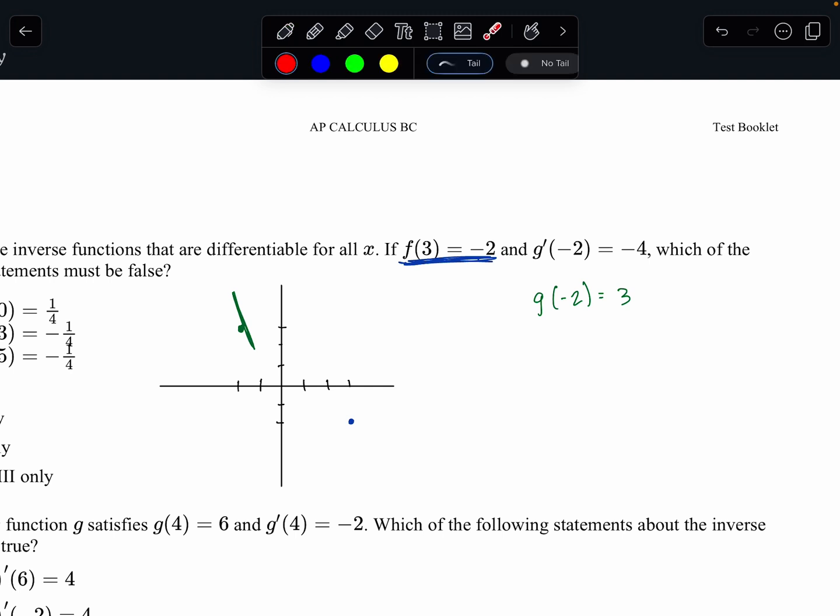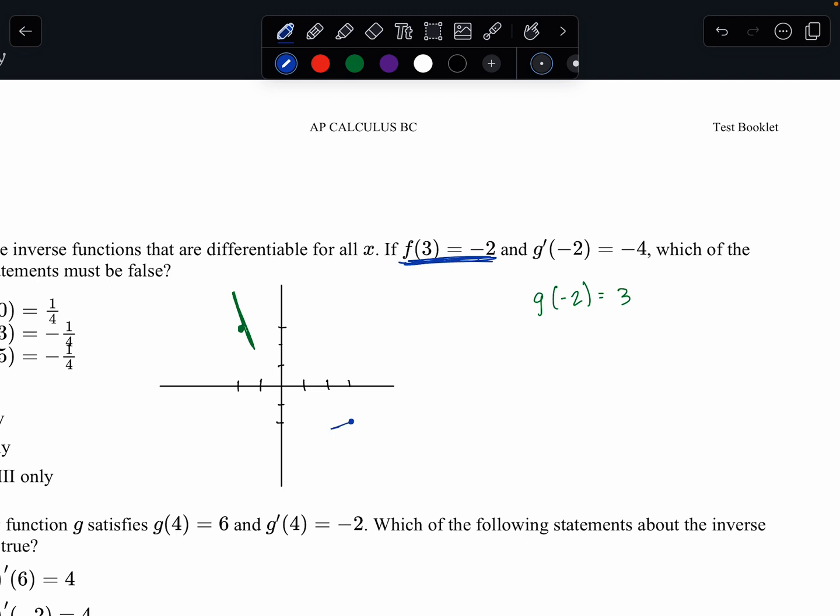That's a slope of negative 4, roughly. And today we learned that inverses, at the points where they're being reflected about, so these points right here, are going to have reciprocal slopes. So if this graph right here has a slope of negative 4, then f is going to have the slope here of negative 1/4. Negative 1/4. Whoops, I kind of drew the positive slope there.